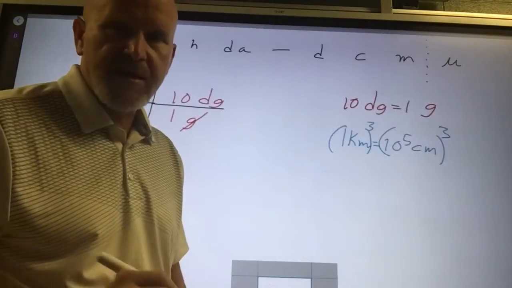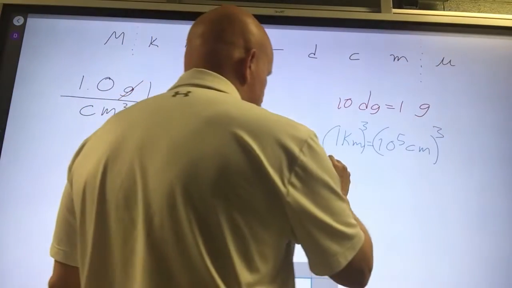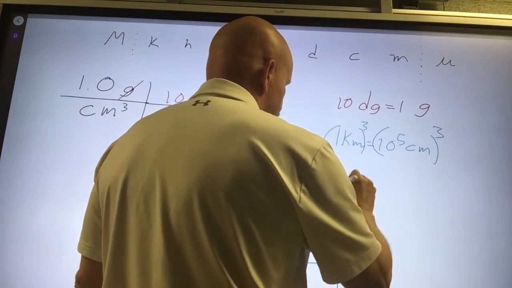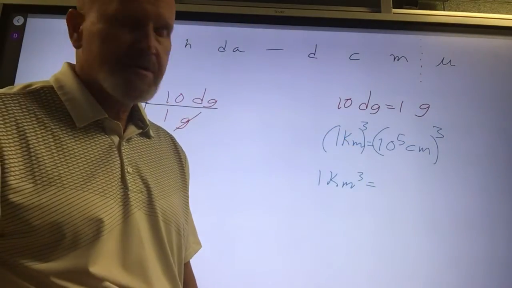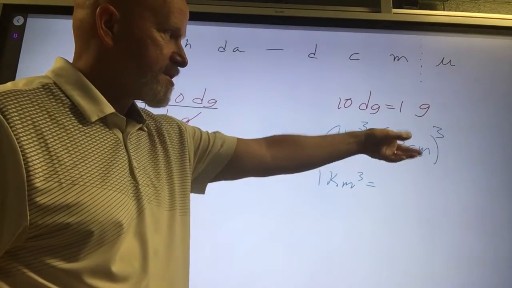So what's 1 kilometer times 1 kilometer times 1 kilometer? It's 1 kilometer cubed. How many cubic centimeters are in a cubic kilometer?